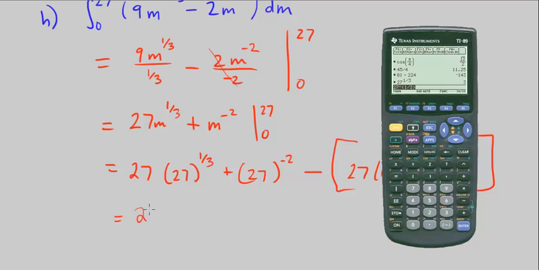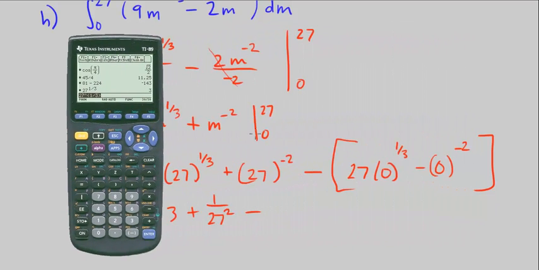So 27 times 3 plus, this just means 1 over 27 squared minus, here we have 0 to the 1/3 power is 0. Right, so it's 27 times 0 is just 0.